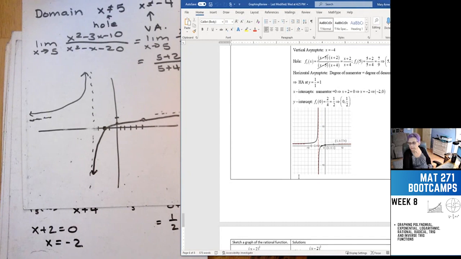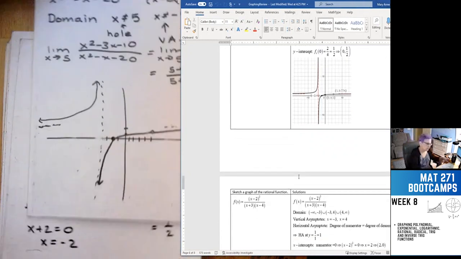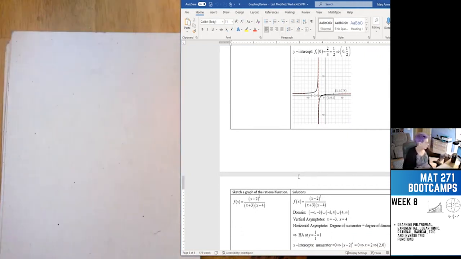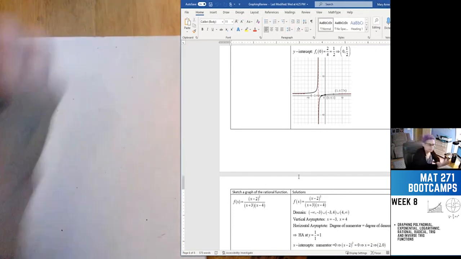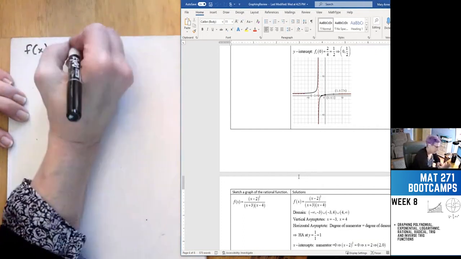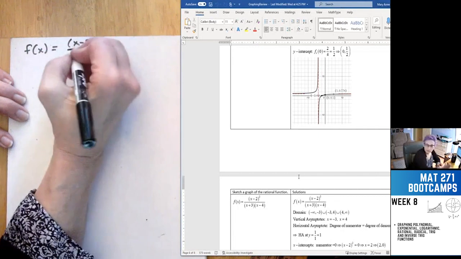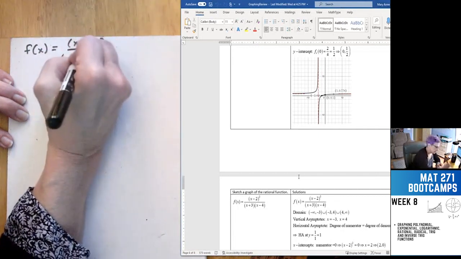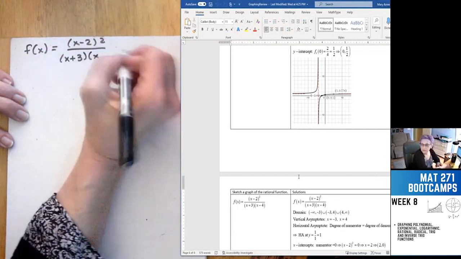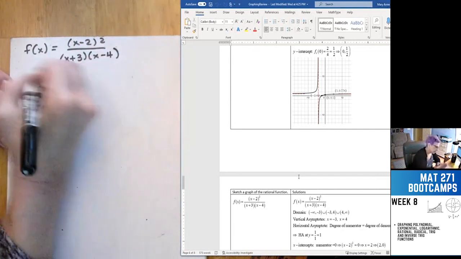There's the pretty picture. The rational function again. We have x minus 2 squared over x plus 3 times x minus 4.